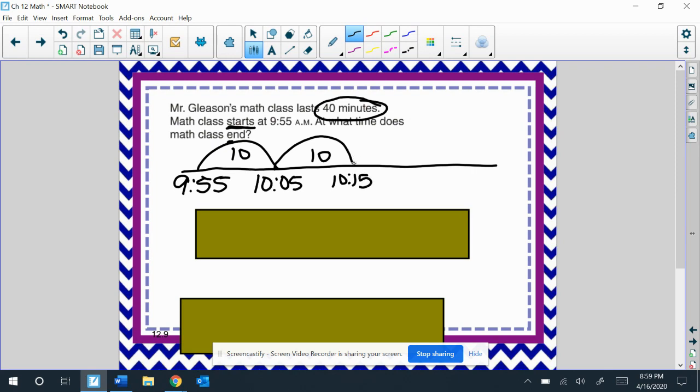Well, 10:15, still not there yet. Need to jump another 10. 10:25, 10:35. I am done now once I get this number. My answer for this problem is 10:35.